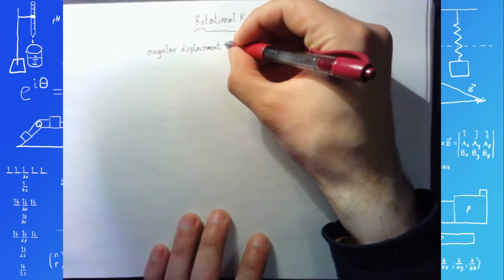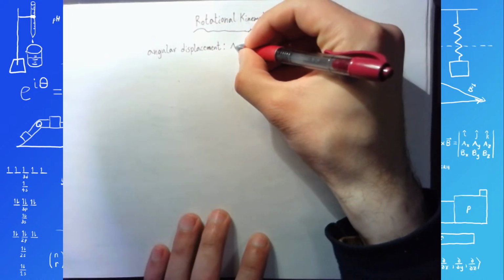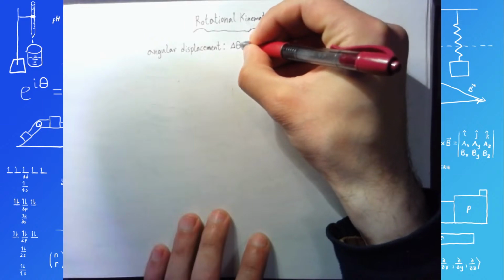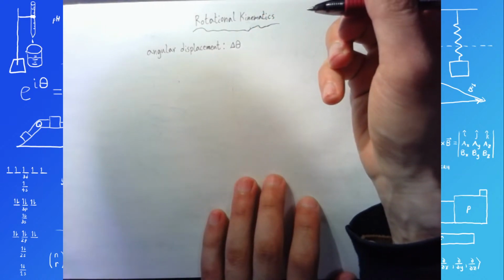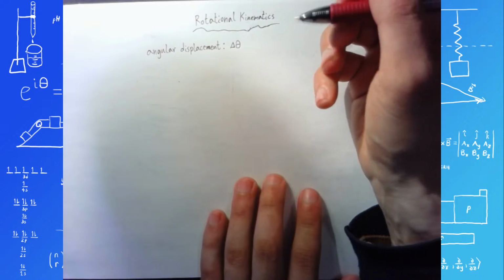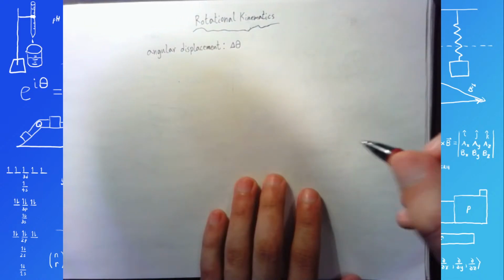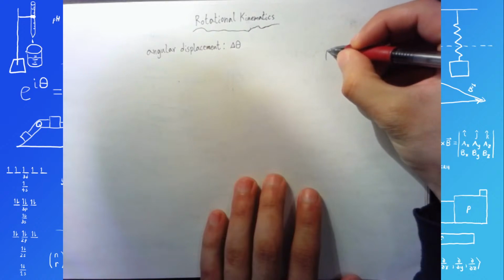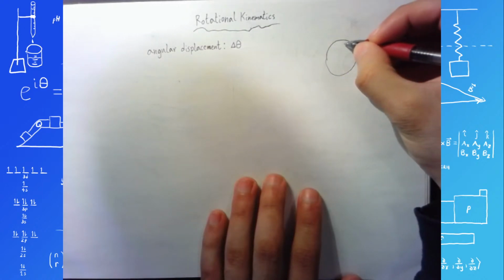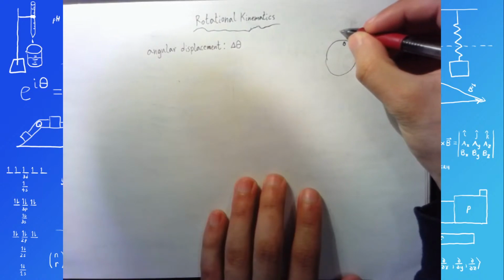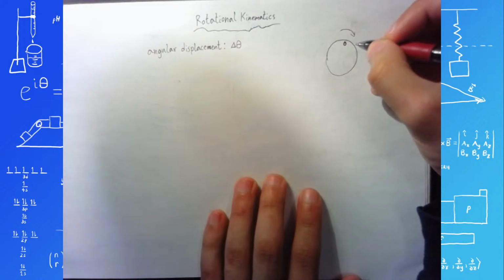Why is it called angular displacement? Well, we represent it with the symbol delta theta. And it's basically the angle that something goes through when it rotates. We'll illustrate this in a minute when we open up the simulation. But basically, if you have, for example, a child on a merry-go-round, and the merry-go-round is spinning, and here's like the bird's eye view, we're looking at the child's head from above, and the merry-go-round is spinning like this.